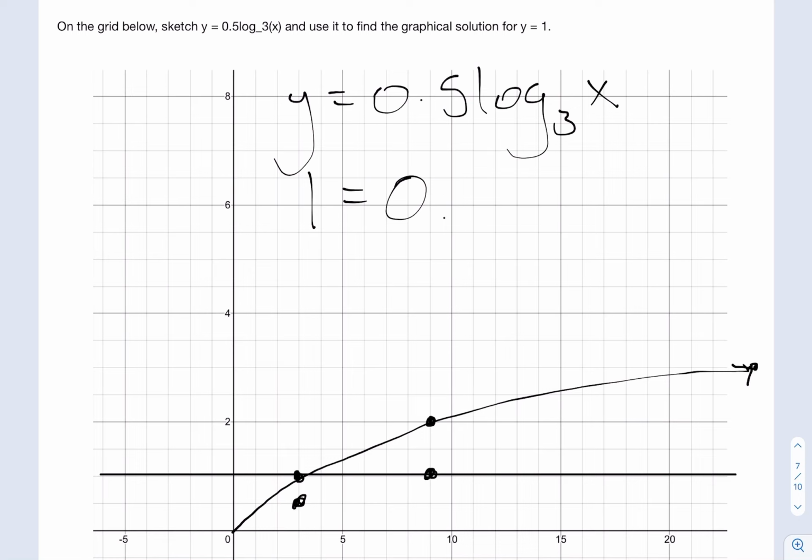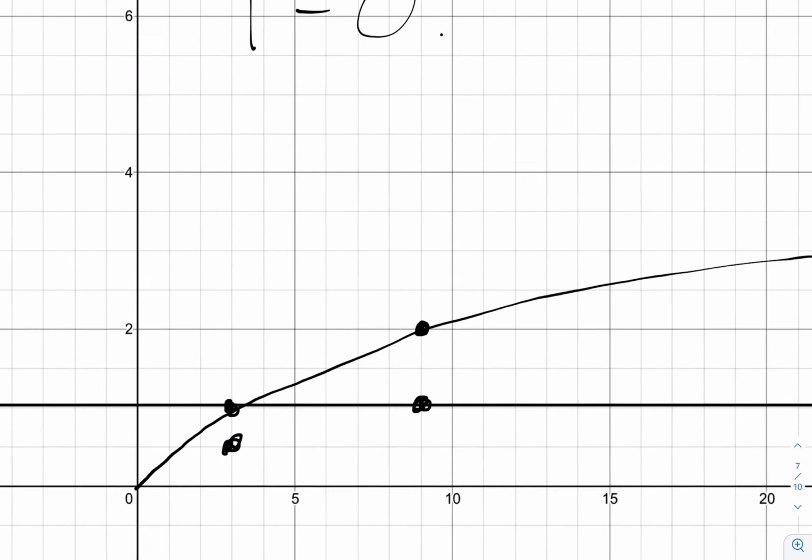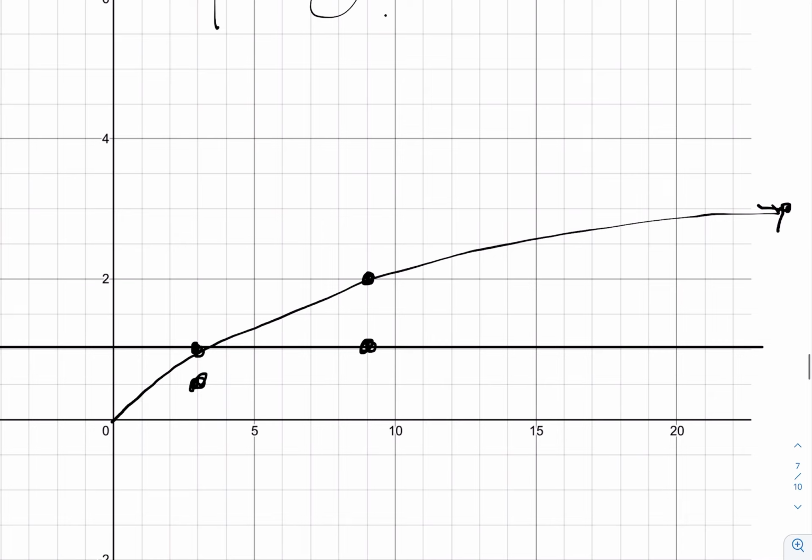So x was 9. Yeah, okay, that looks good. Sorry about that. So this is going to be half of this point. I'm just guesstimating, but you get the idea here. And we're going to transform it so it's 0.5 of the original one. Kind of caught me off guard as well.